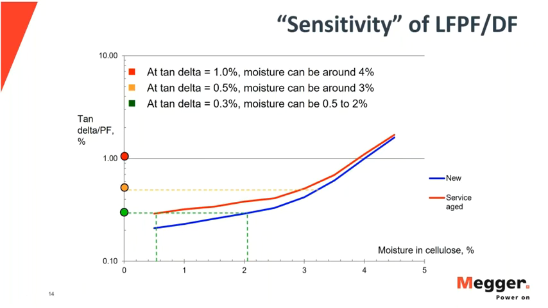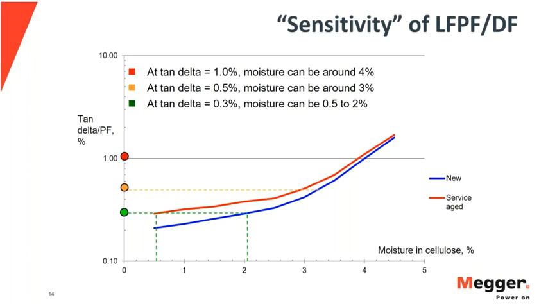And then on the x-axis, we have the percent moisture in cellulose. And we're looking at two curves here. The one in blue is dissipation factor plotted for a new transformer, and the one in red is dissipation factor plotted for a service age transformer as each one becomes increasingly contaminated with moisture.